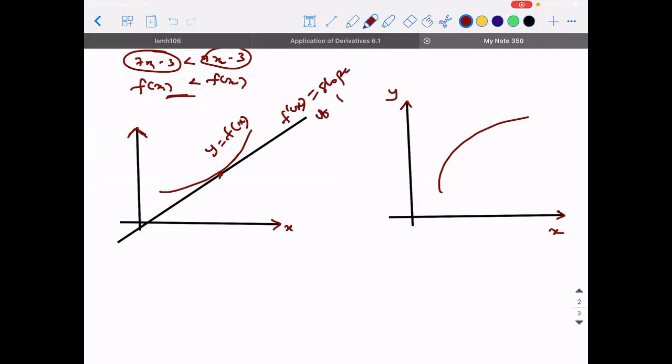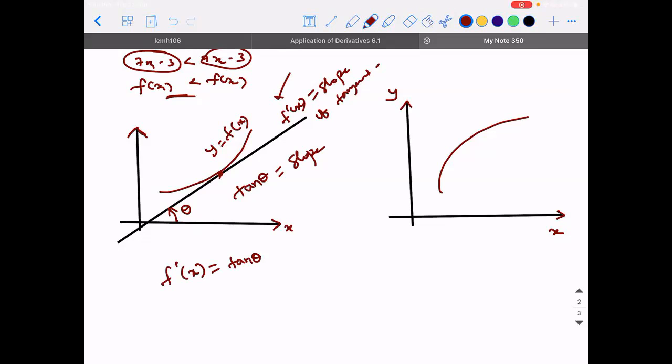Slope of tangent. So if I take this angle as theta, then tan theta is slope according to straight lines. So according to differentiation, f dash of x is slope. According to straight lines, tan theta is slope. Right. So if I write f dash of x is equal to tan theta, now comes an important question.